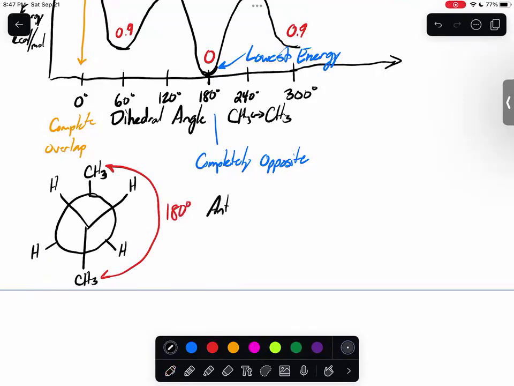And what this means is just that the two biggest groups, in terms of size and the sterics that they would cause. So something like a hydrogen is super small, something like a methyl is really big. The more things you attach to that methyl group, like more carbons, are going to make it even bigger. So it's where the two biggest groups are 180 degrees apart, and it is usually the most stable conformer.